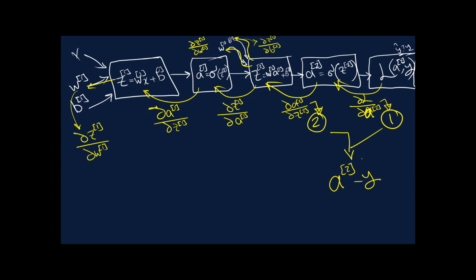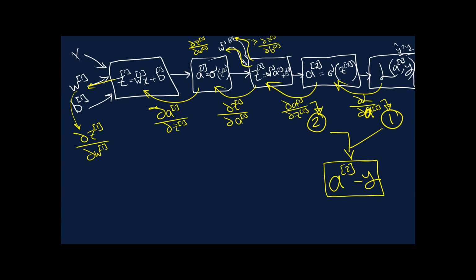Okay, so we get this, and we will be multiplying this according to the chain rule by this in order to get the weight update for the second layer.